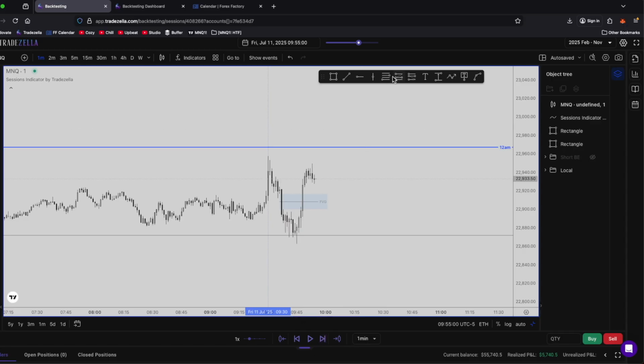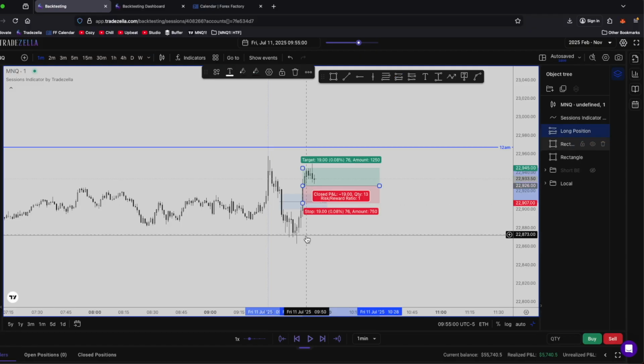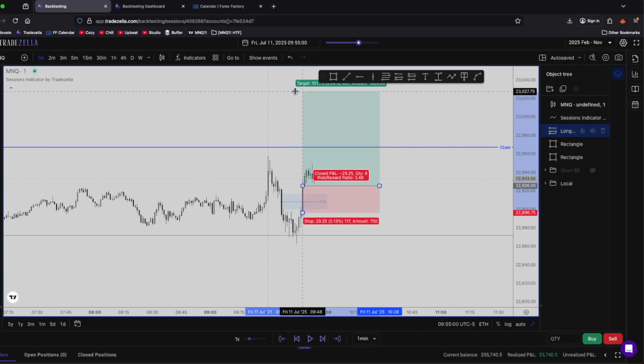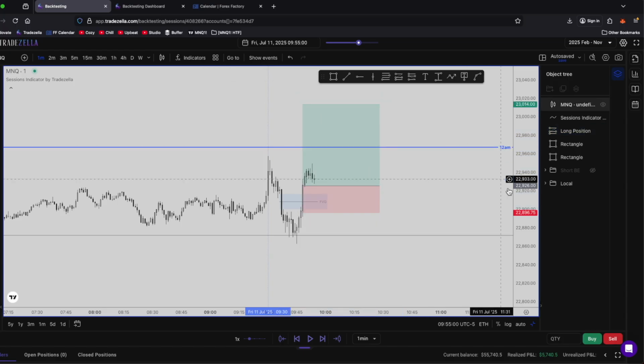Let's put up a position tool before we go any further. I probably would have marketed in, probably, giving it a little bit of room. It still would have been a larger stop. Something like that.